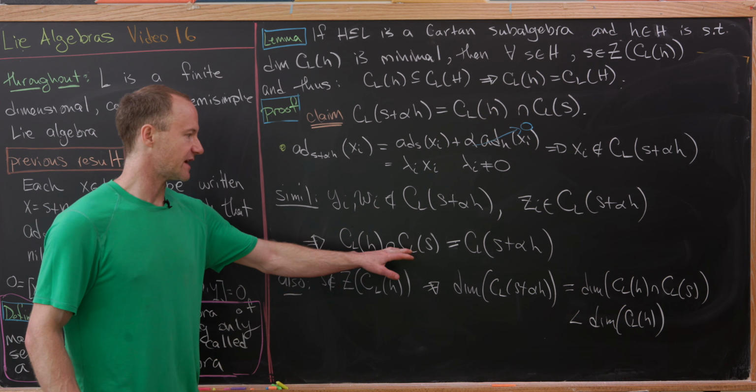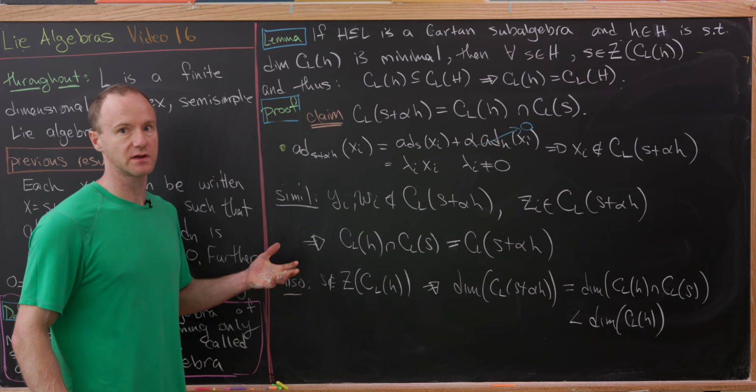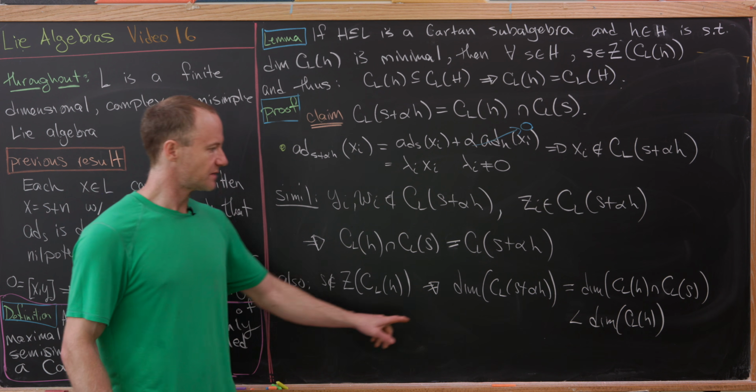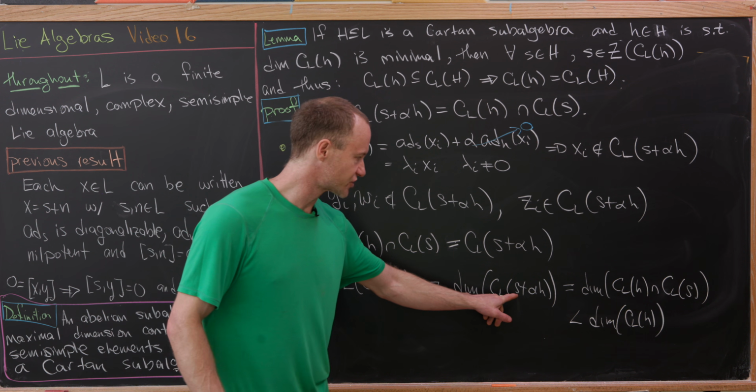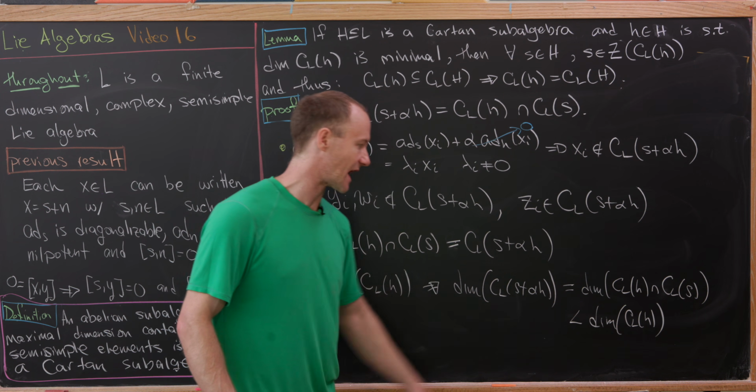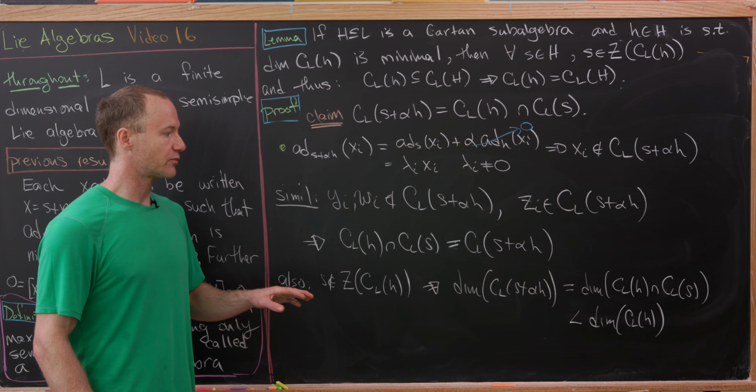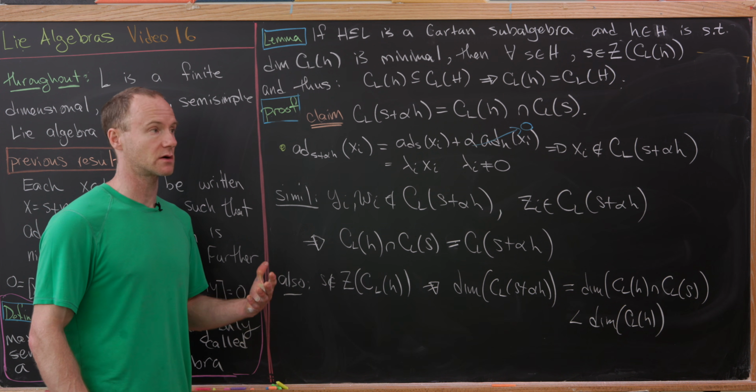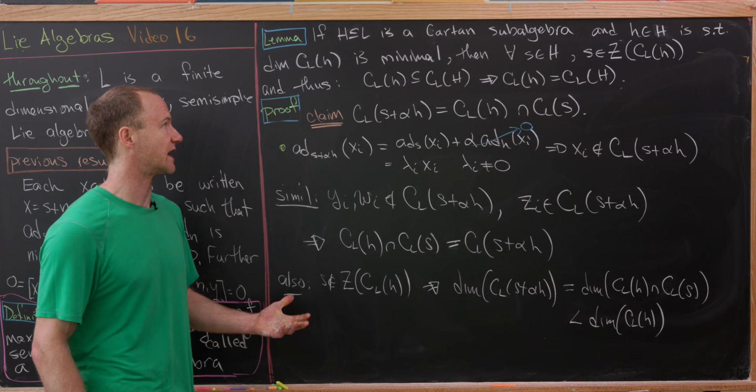So when we make the intersection, we get something smaller. But observe what we have here. We've constructed this element S plus alpha H that produces a smaller dimensional centralizer.